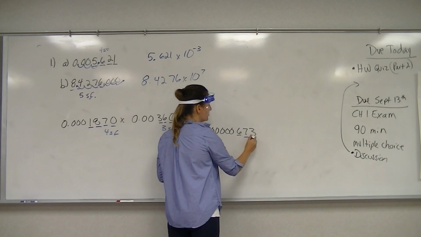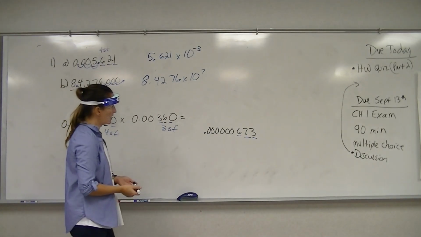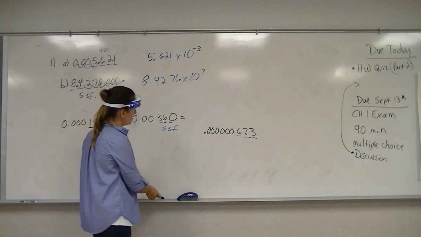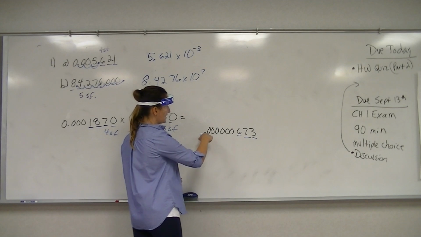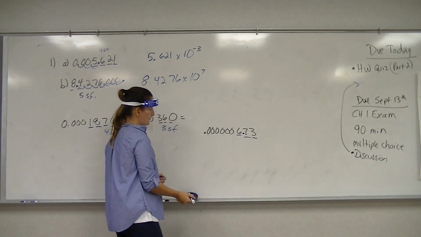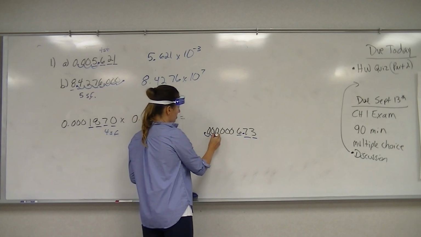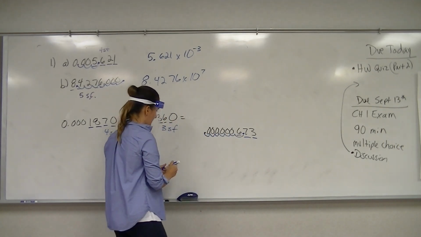And right now, I do have 3 in the answer my calculator gave me. So now I just want to make sure it's in scientific notation. So if I don't have a calculator that does that for me, I'm going to take that decimal and put it so there's one non-zero number to the left. I'm going to move it 7 times to get it there.